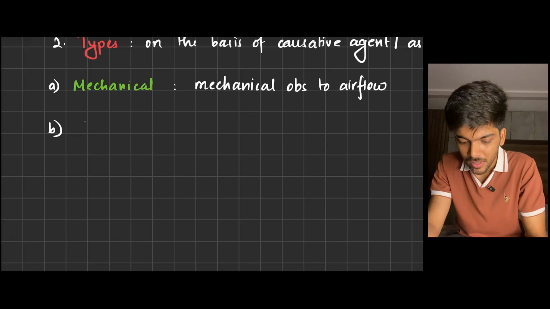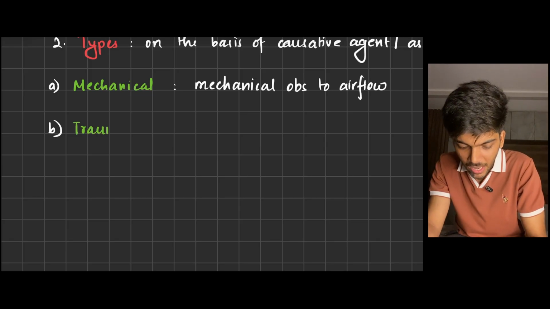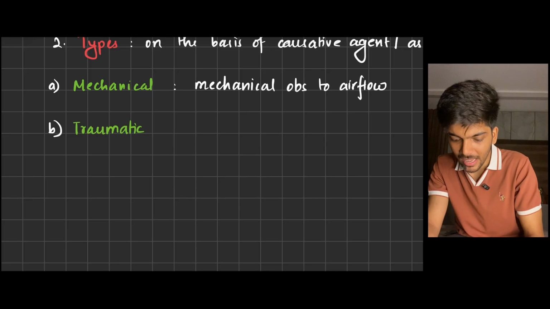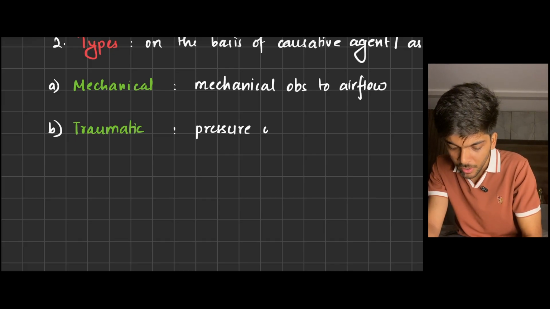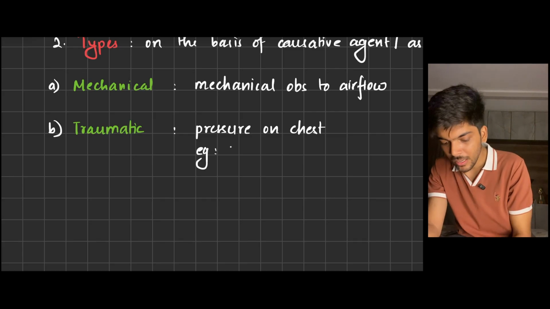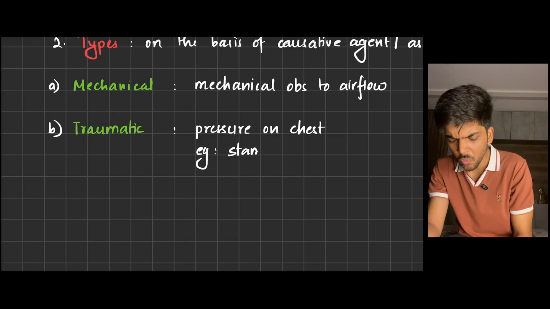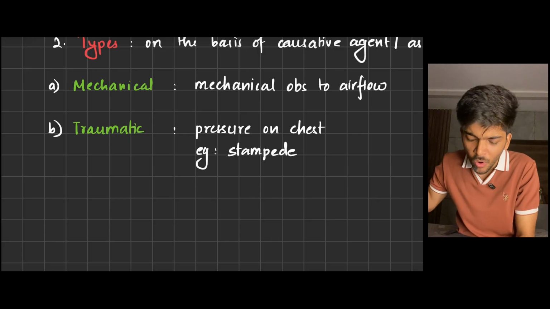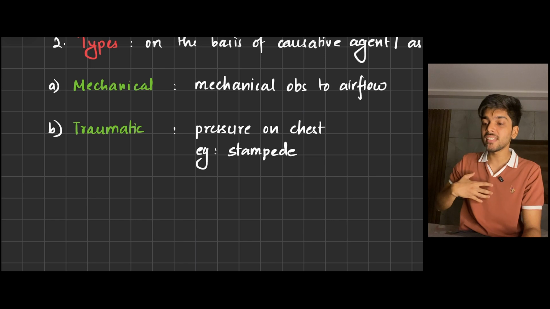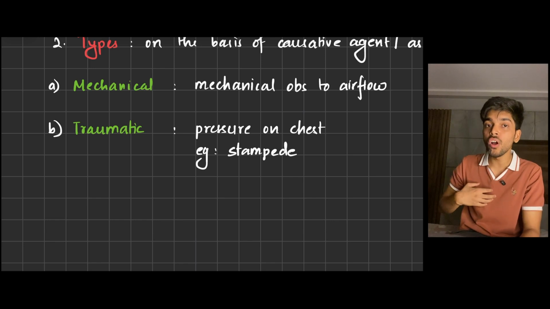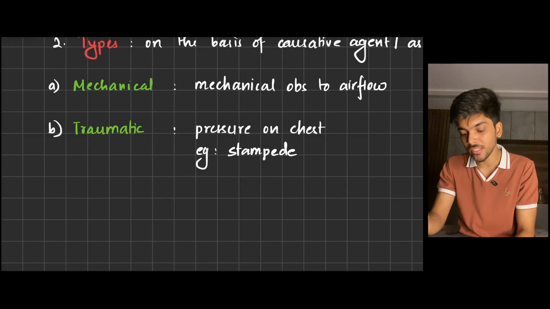Number two, traumatic asphyxia. So, traumatic asphyxia is due to pressure on chest. For example, in case of stampede, when lots of people are running over you and stepping over your chest, your chest is unable to inflate, your lung is unable to expand, and you are unable to breathe in, leading to asphyxia.